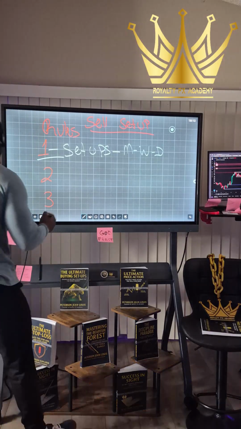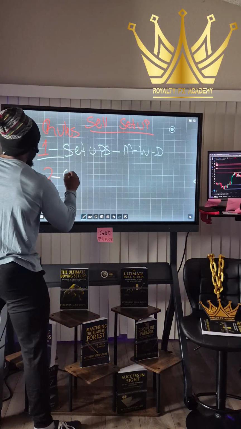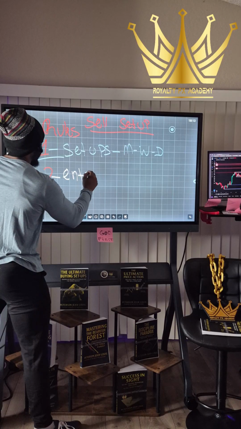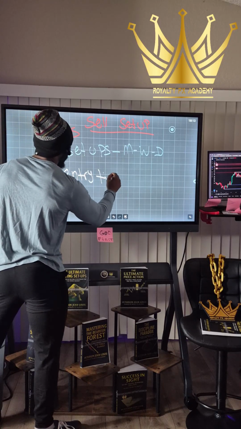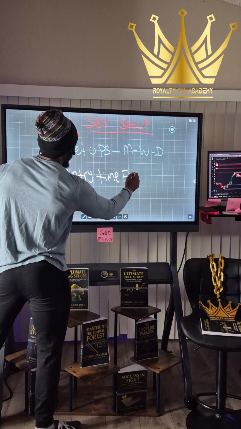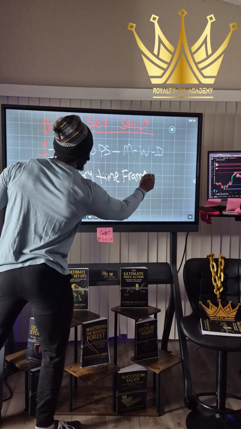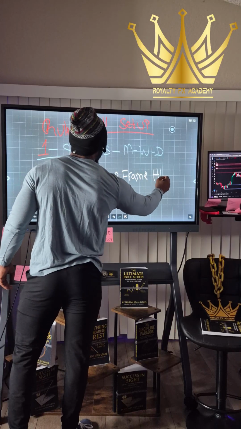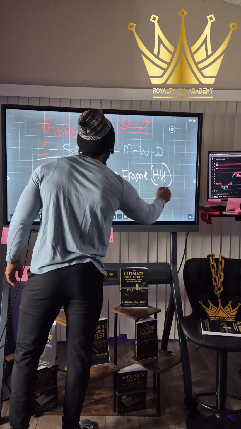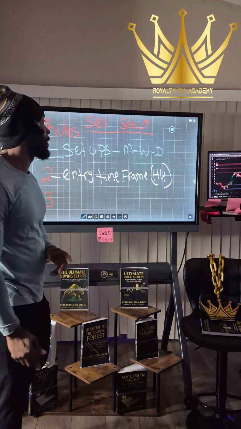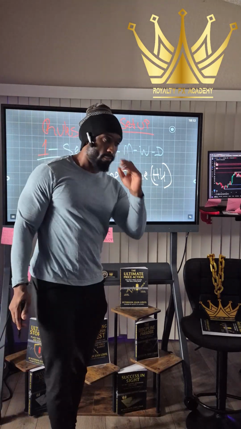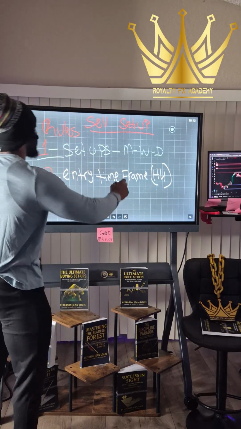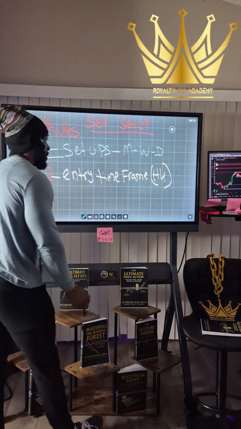So the time frame, to be exact, your entry time frame is going to be the H4, the 4-hour time frame. Where do you look to enter the market when it comes to the time frame? The lowest time frame you are going to use is going to be the 4-hour time frame.